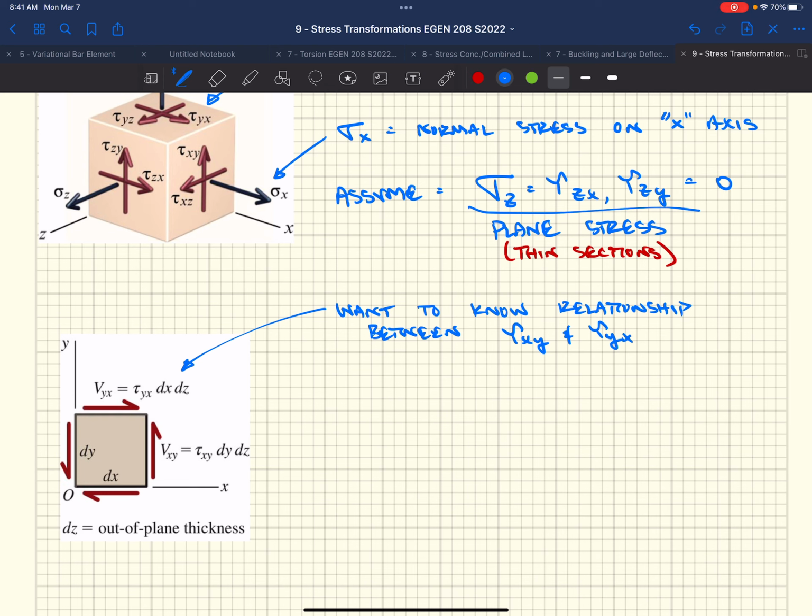How does this force relate to this force? Well, if we looked at a very small area, a very small block of this material, like that H and K that we looked at on that pipe, a very, very small little point on that pipe, so if dx and dy, the dimensions of this little block, were very small, so we assume small area.